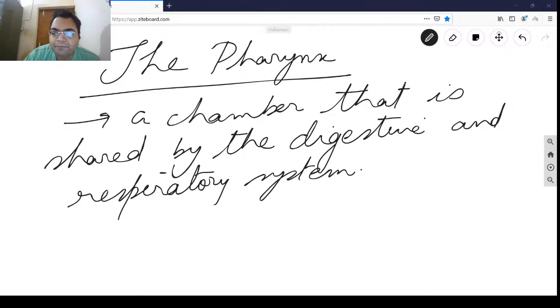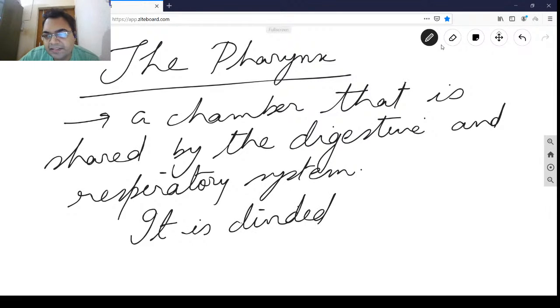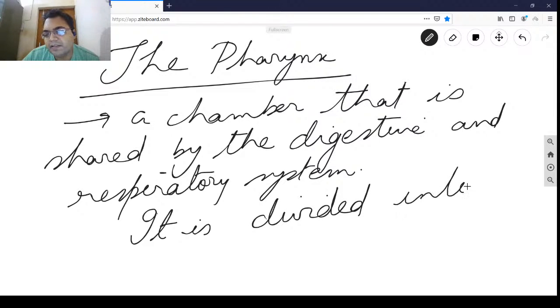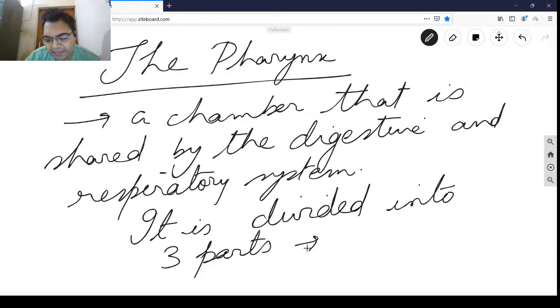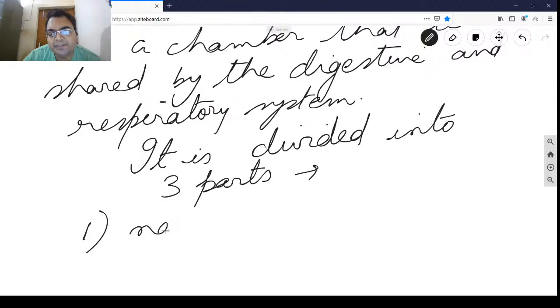But the thing is, the pharynx is divided into three parts: the nasopharynx, the oropharynx, and the laryngopharynx. This is of pivotal importance. Number one is the nasopharynx.